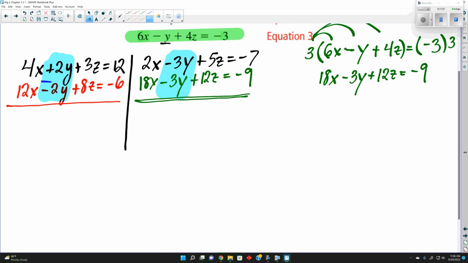So we wouldn't subtract, we would add, because 2 plus negative 2 is 0, because it's the same as 2 minus 2. So those would cancel, yes? Which means we're going to add these 2 together. Because if the signs of what we want to eliminate are opposite, we add. If the signs are the same, we subtract.